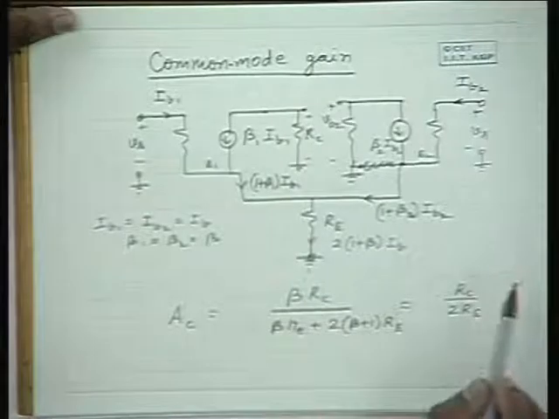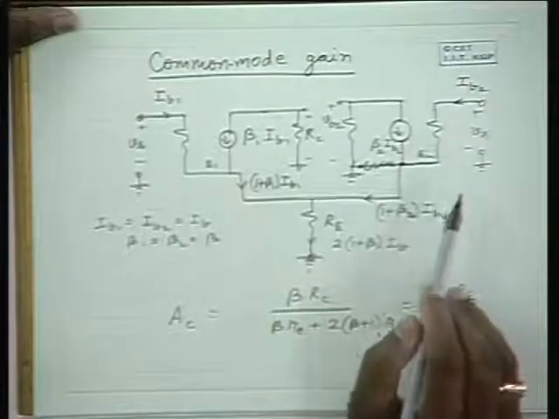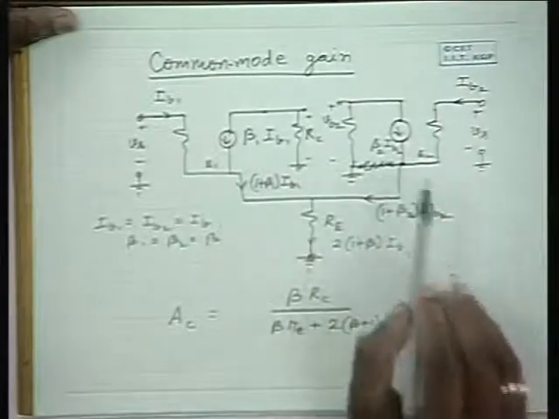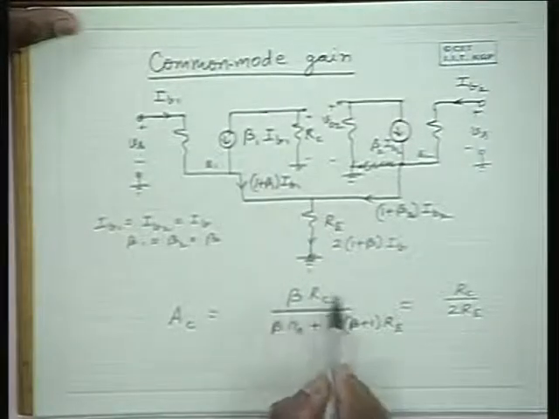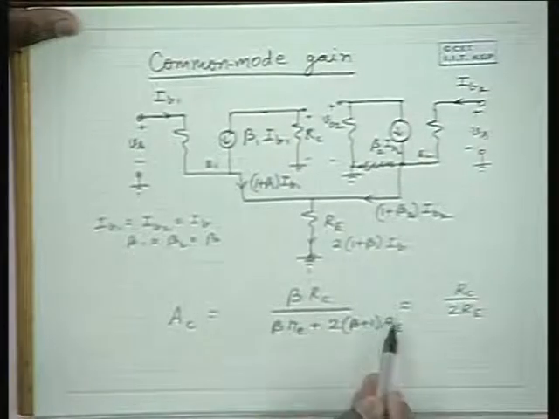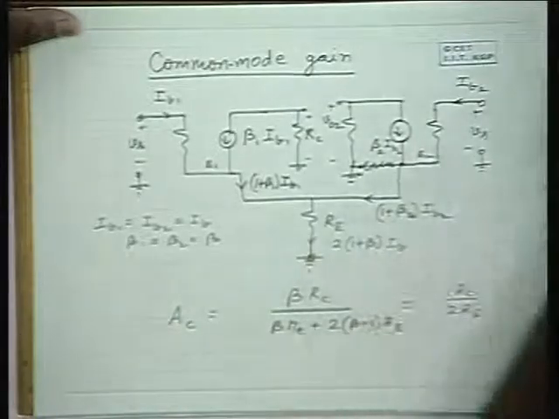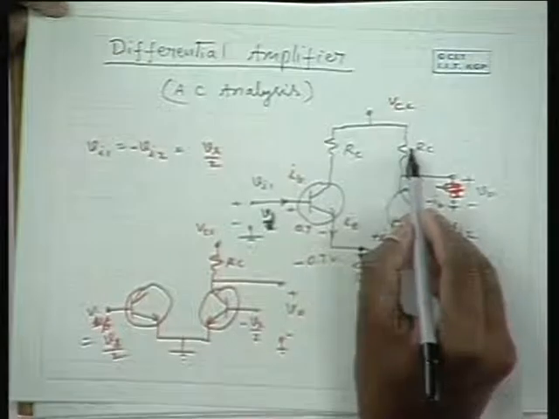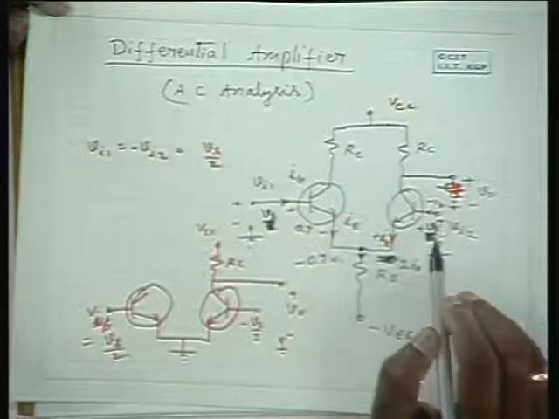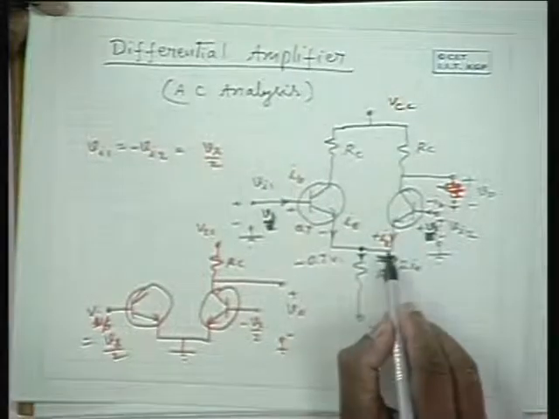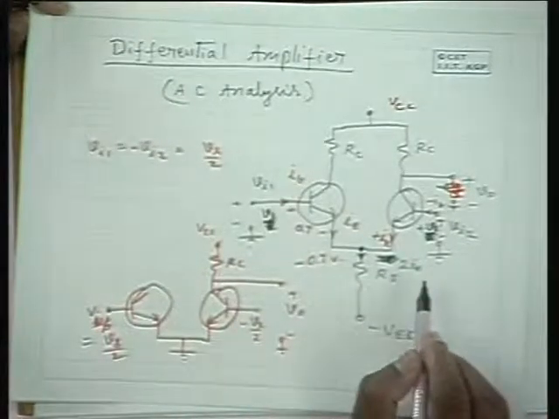I would like you to recall the analysis of a common emitter amplifier with an emitter resistance. When you have a common emitter amplifier with emitter resistance, the voltage gain is obtained as beta RC by beta re plus beta plus 1 into RE, and that is approximately equal to RC by RE itself. So, that is approximately equal to the resistance ratio RC by RE itself, because of which its gain is low, and we were using a bypass capacitance to bypass the emitter resistance.